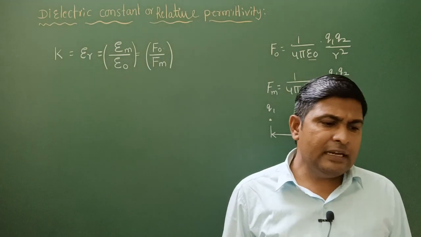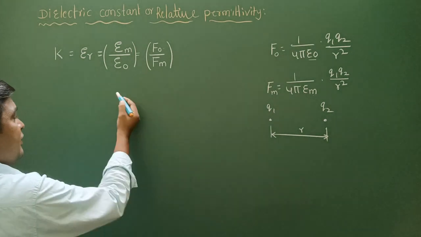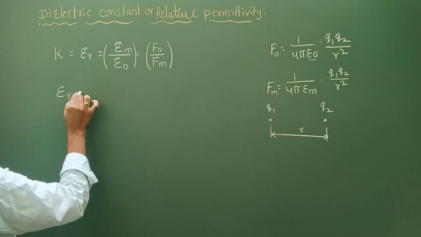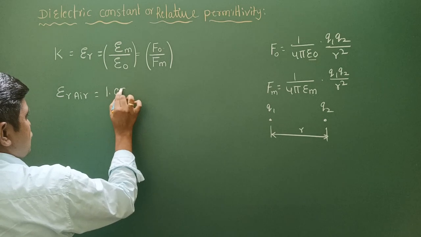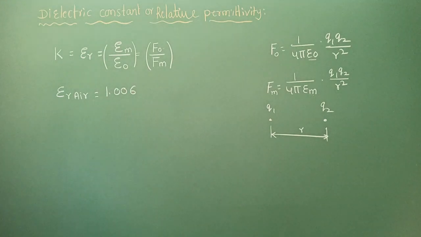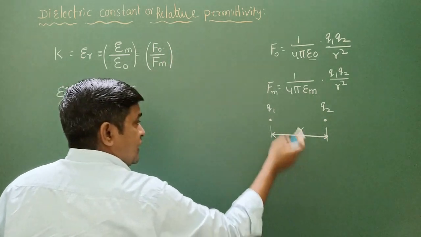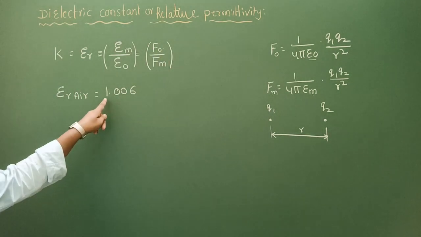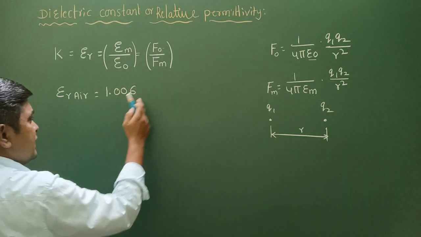For example, the relative permittivity of air is 1.006, meaning the ratio of the forces between the same charges at the same distance in vacuum and in air is approximately 1.006.